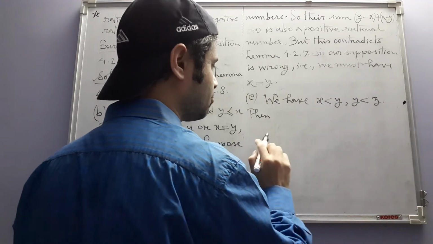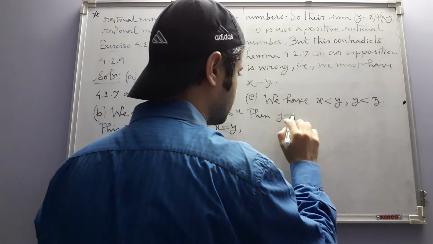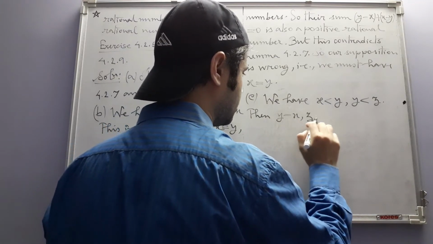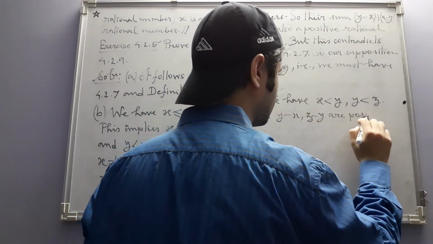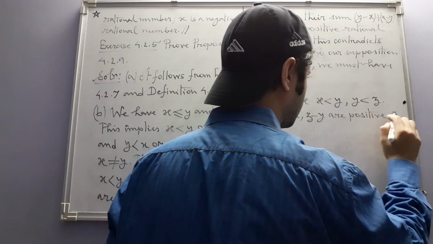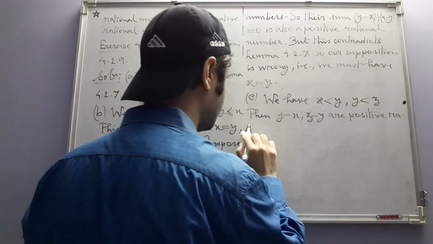Then by definition of order, y minus x and z minus y are positive rational numbers.